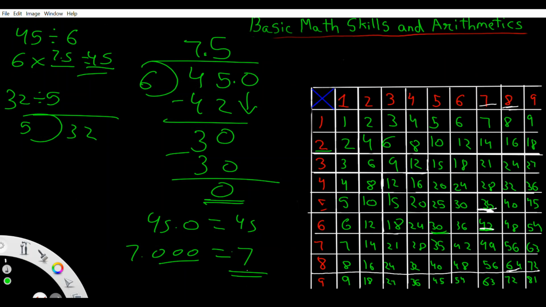And 5 times 6 is 30, so we'll put 6 here, and 30, and we get 2. But remember, we can add a decimal point here, and bring down a 0 to make this 20. And now we know that 5 times 4 is 20, so we put a 4 here and 20, and we get 0. So 5 times 6.4 is equal to 32.